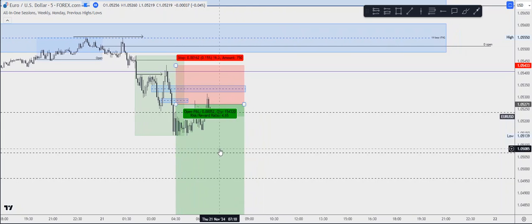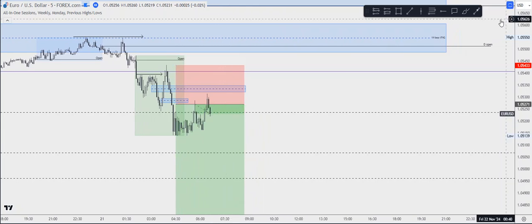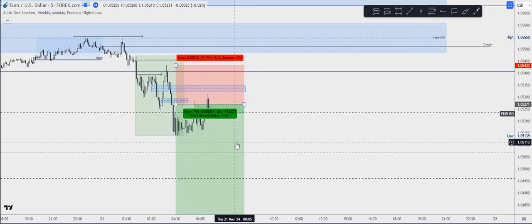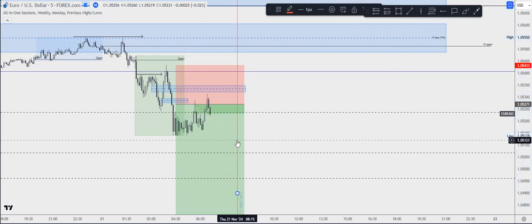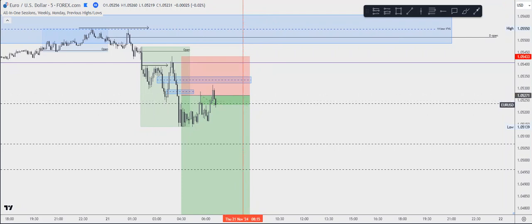So what we can say is 8:30. You want to close down the trade around that level.